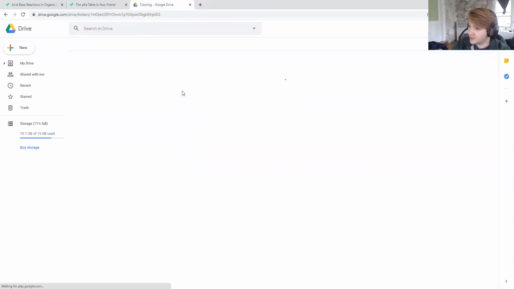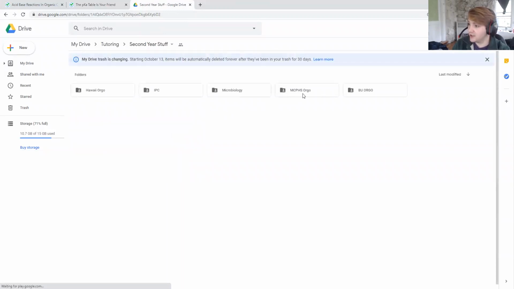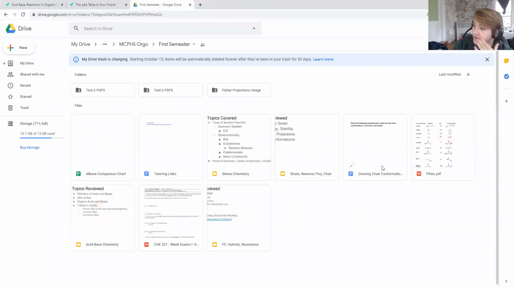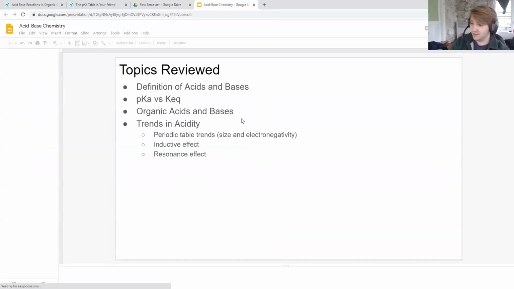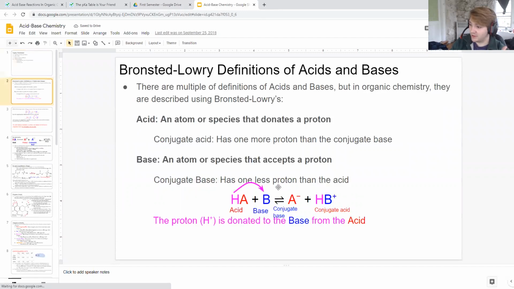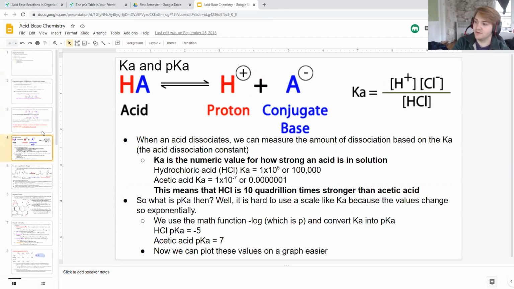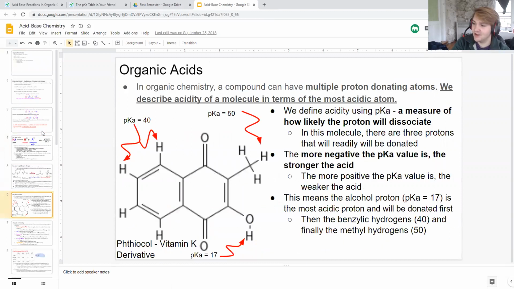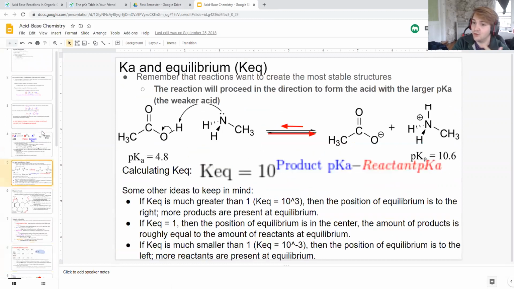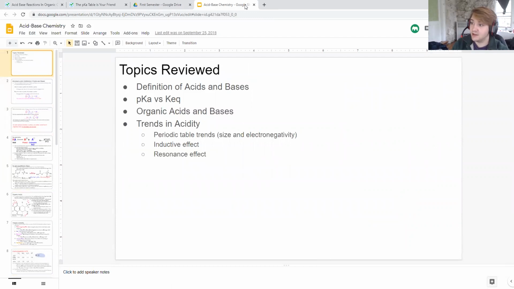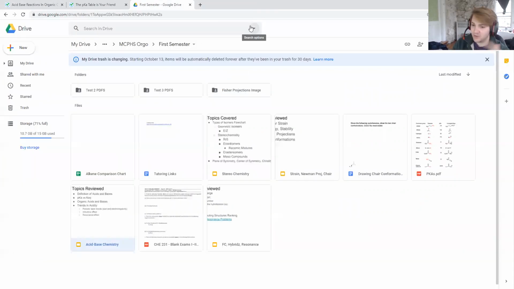You're in second year, so you want to go into second year stuff, MCPHS Orgo, first semester, and here is a whole bunch of guides and tools and references. Some of this stuff I haven't checked in a while, so I'm going to have to go back over it. But let's say you wanted to see how I wrote something out again? Here's all the same notes, exactly the way that I say them. So if you ever need to find something that I've done, usually it'll be in there. If not, message me, and I can send you the lesson plan.